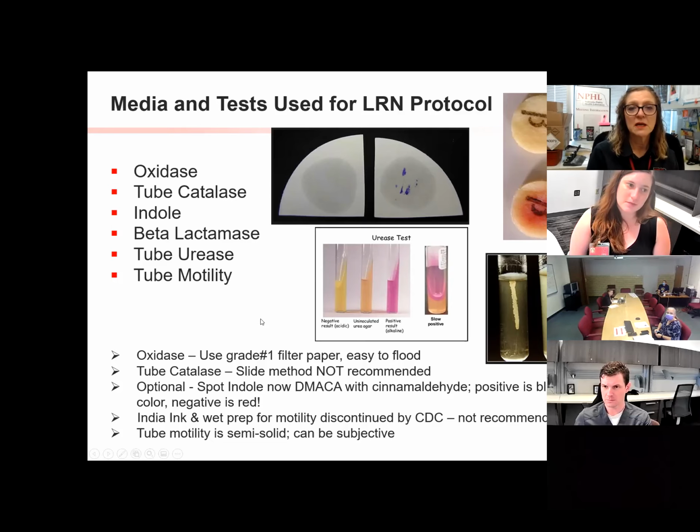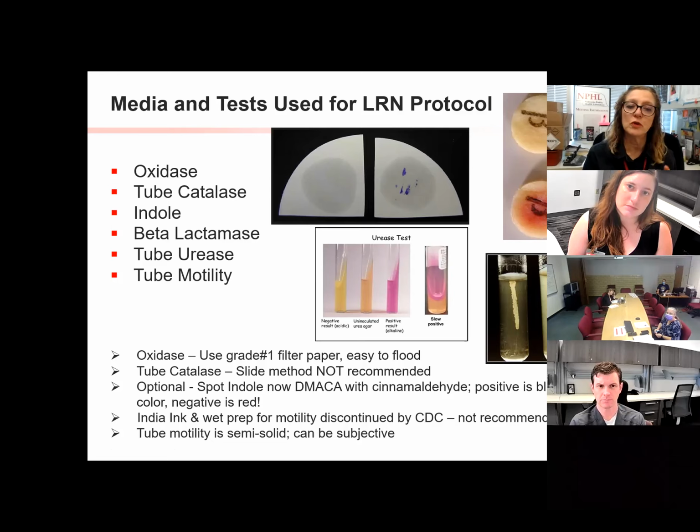That's why I recommend that every time you do the LRN protocol, any test that you do, you do a positive and negative test with it. Hopefully you'll have the QC organisms there, and both a negative and a positive, so you have something to compare it to, because sometimes it's just not that easy deciding if it's positive or negative.